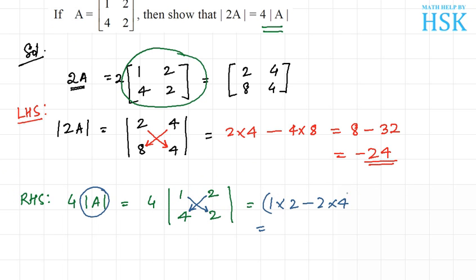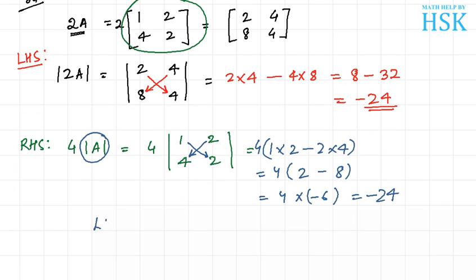And it was 4 times, so this will be equal to 4 into minus 6, that is equal to again minus 24.